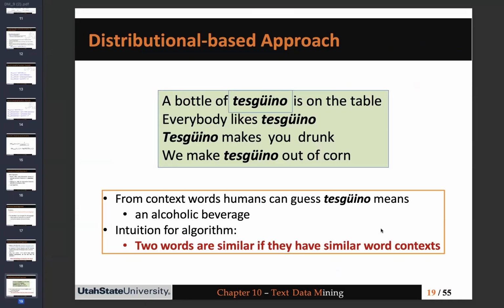Okay, so this is a direct example of what I'm talking about with the Harris hypothesis. From sentences like "Tesguino makes you drunk" and "we make Tesguino out of corn," just based on these sentences, you should be able to infer that probably Tesguino is some kind of alcoholic beverage, right?